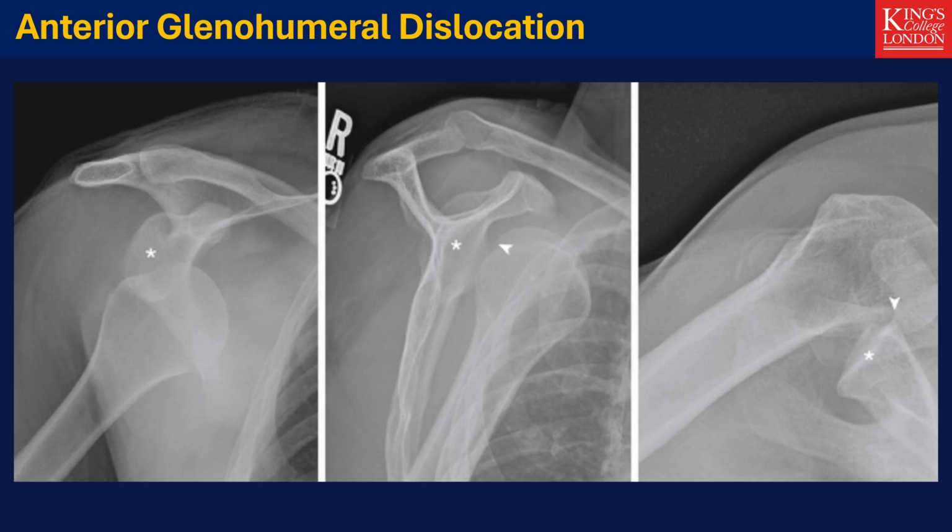The symmetric contour seen on the normal alignment slide is lost. On the scapular Y view, the humeral head no longer overlies the center of the Y. Instead, it projects anterior to the glenoid, toward the coracoid, confirming the direction of displacement.